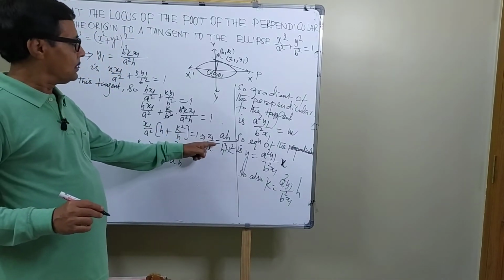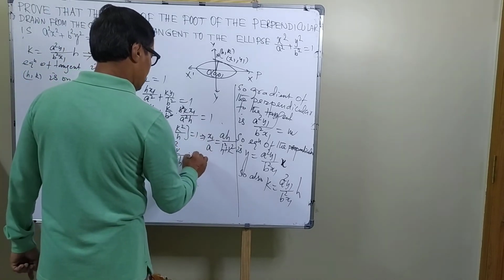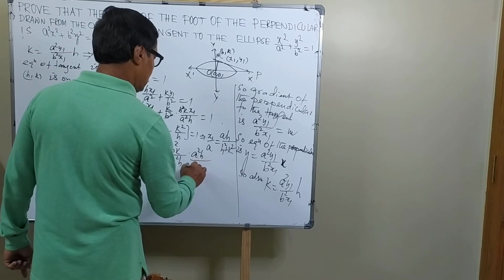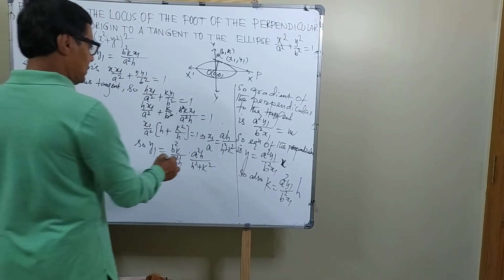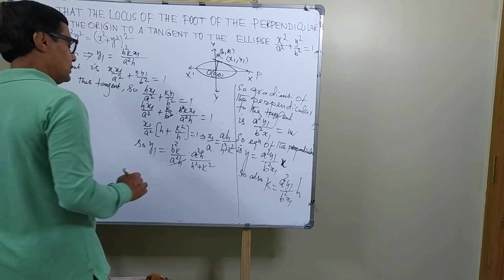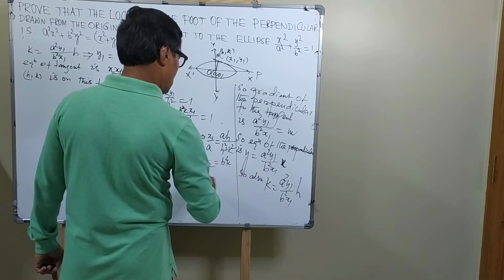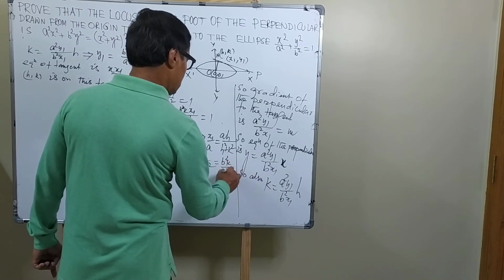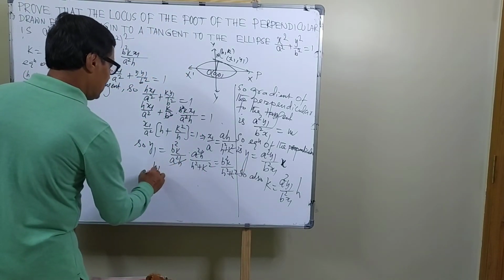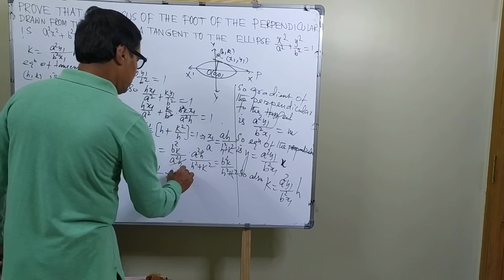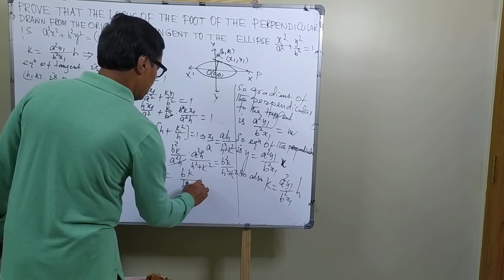The value of x1 is a square h over h square plus k square. Now a square h cancels out, so we get b square k over h square plus k square. So y1 over b equal to b k over h square plus k square.